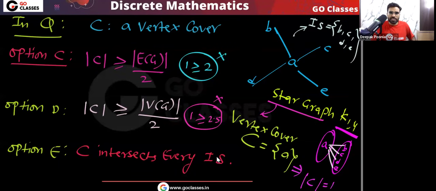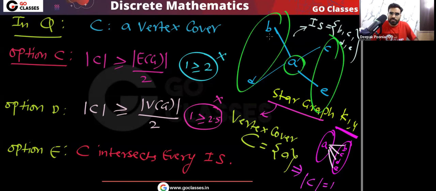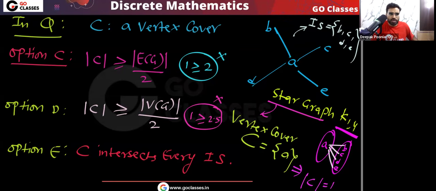Here you can easily see that this vertex cover C, which contains the vertex A, does not intersect with this independent set B, C, D, E. So option E is also gone.